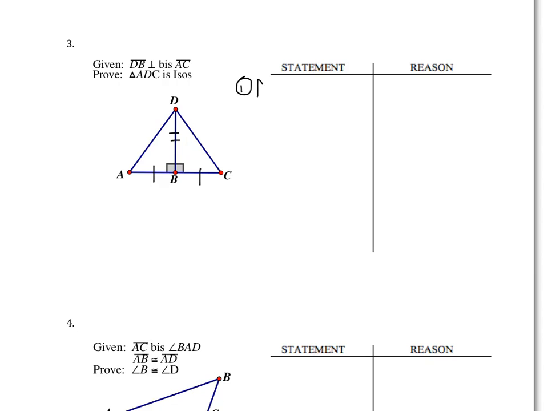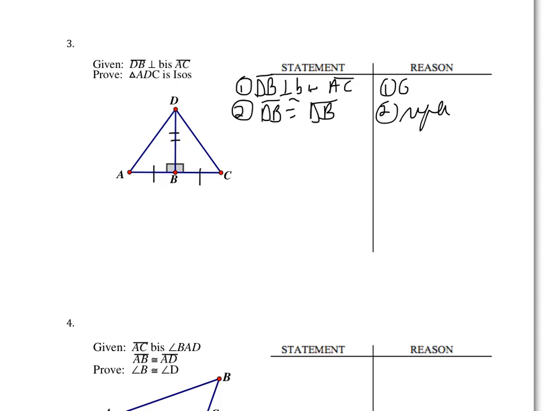I need to go ahead and state my given that DB is perpendicular bisector of AC. And then I'm going to add that DB is congruent to DB by the reflexive property. All right, I need to state that because DB is perpendicular to AC, then I know that angle ABD is congruent to angle CBD.